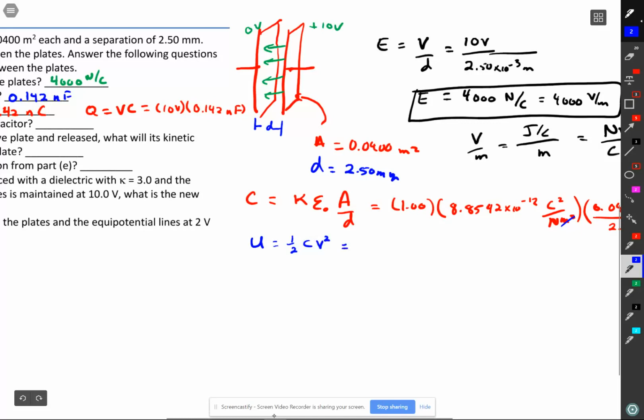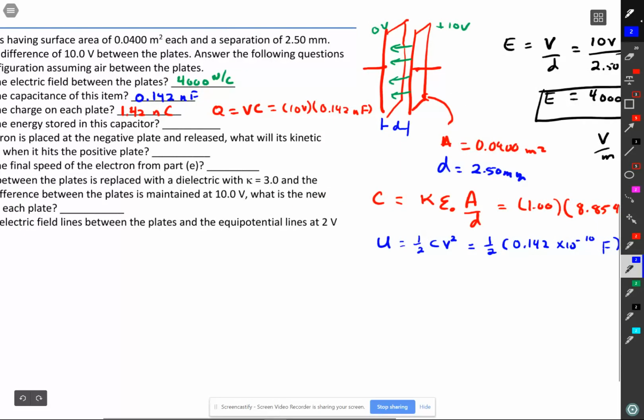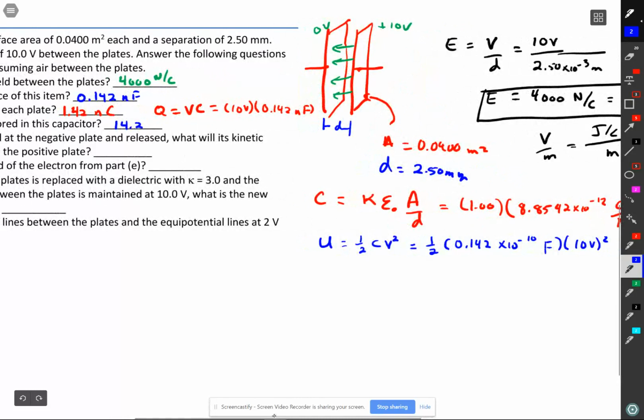So that would be 1/2 of 0.142 times 10 to the minus 10 farads times 10 volts squared. So that's going to be 14.2 nanojoules.